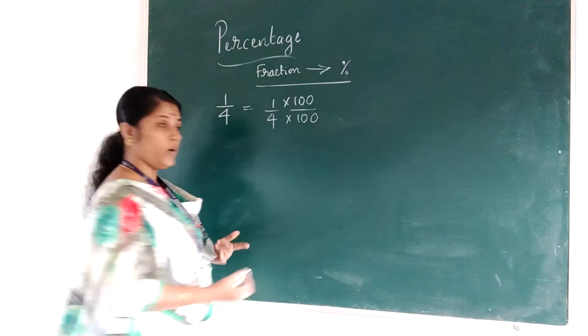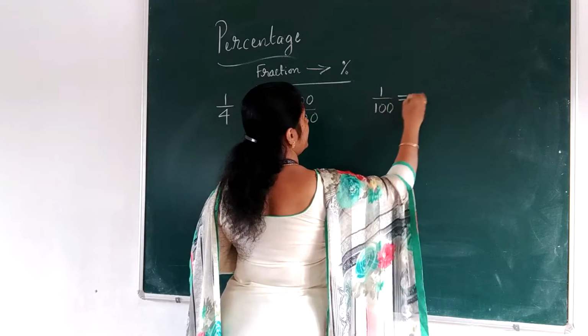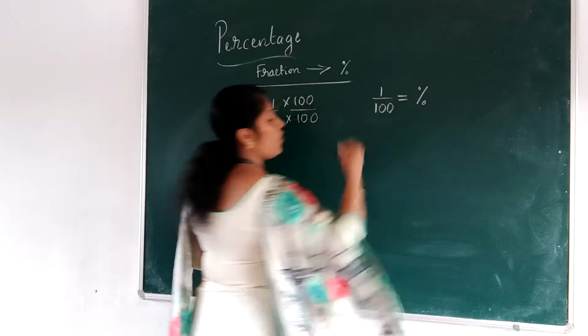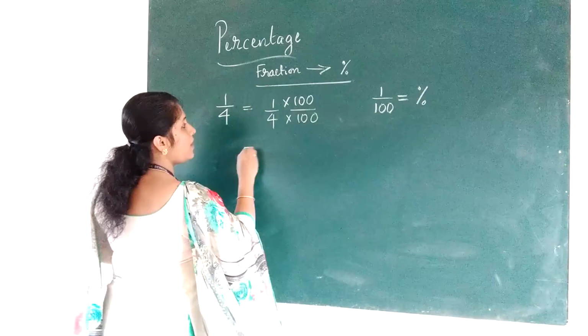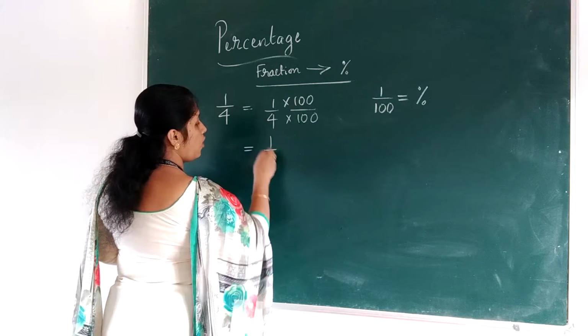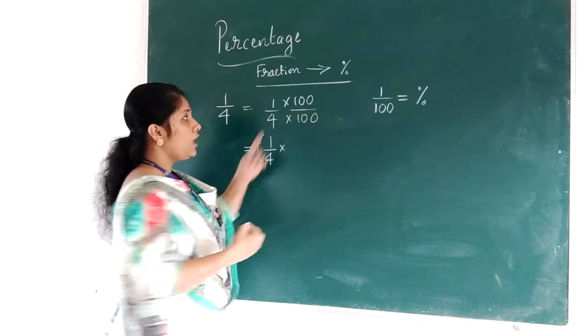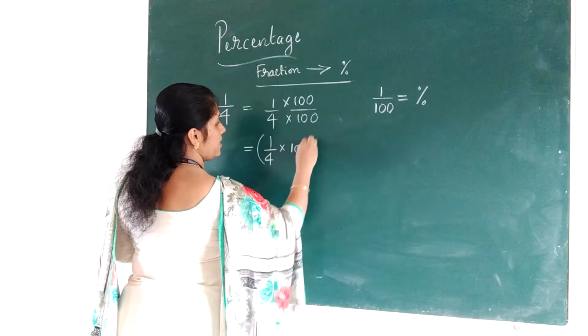And we know one thing, it is 1 by 100, the form is percentage, right? So, from here, I am taking 1 by 4 into 100 in the numerator inside the bracket.